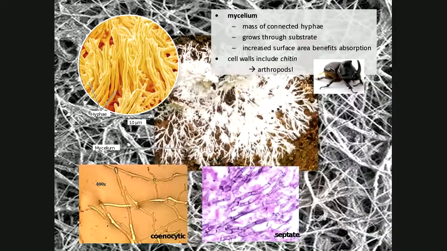Now, the cell walls of hyphae: chitin. That's kind of interesting. That's a bit, just a little bit, but that's a bit of evidence that connects us animals to fungi and not plants. You don't find chitin in plants. You find chitin in animals, okay? Arthropods like that rhinoceros beetle, its exoskeleton, that's made of chitin.